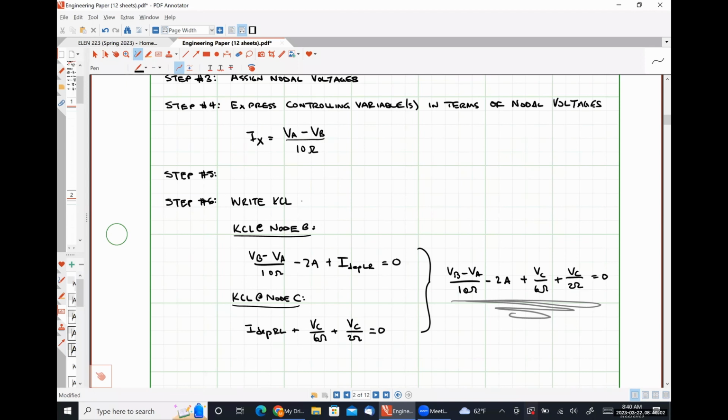Write KCL equation for each supernode that does not contain the reference or the ground node. I'm going to move this stuff down to give me a little separation here.